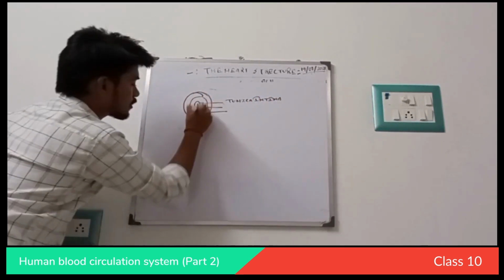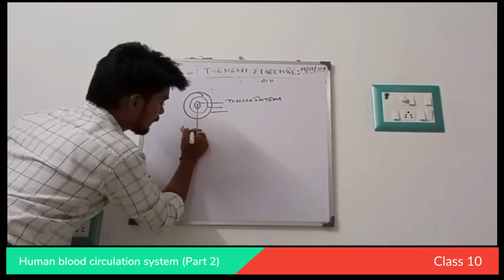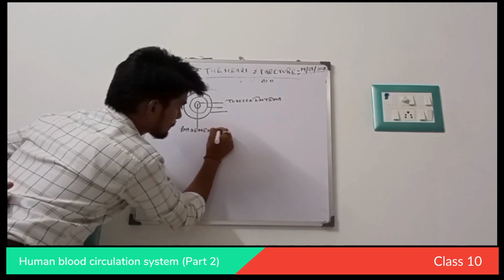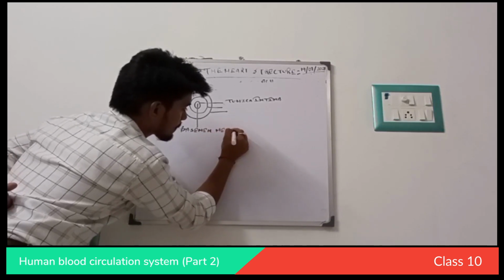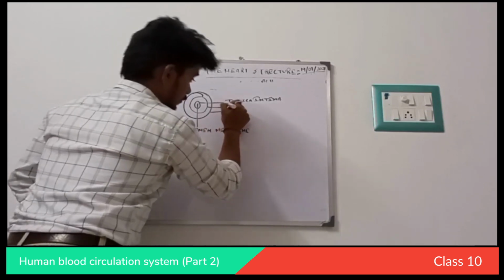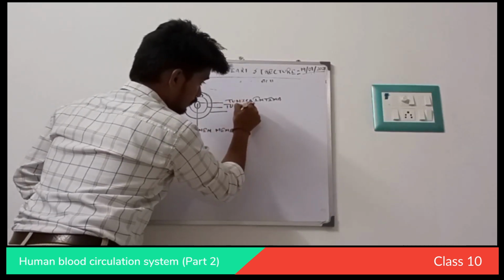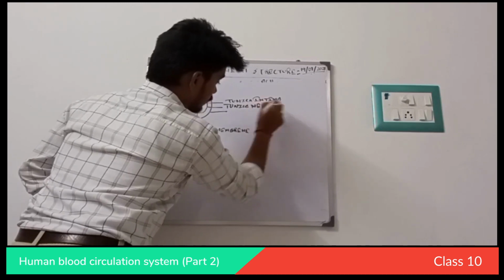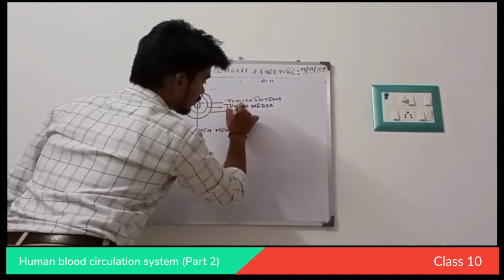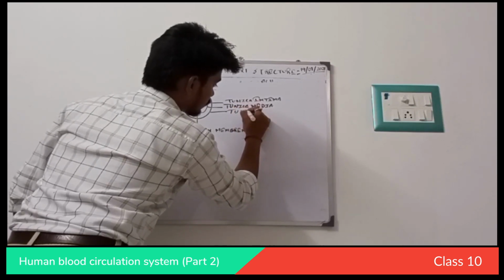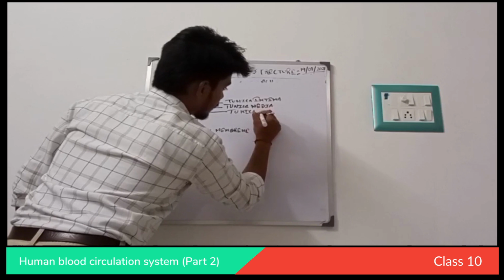The inner part is known as the basement membrane, then the tunica media and tunica adventitia.